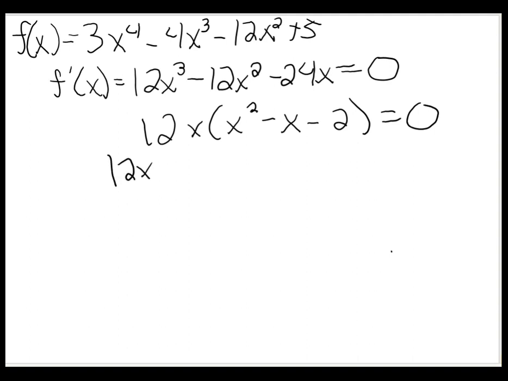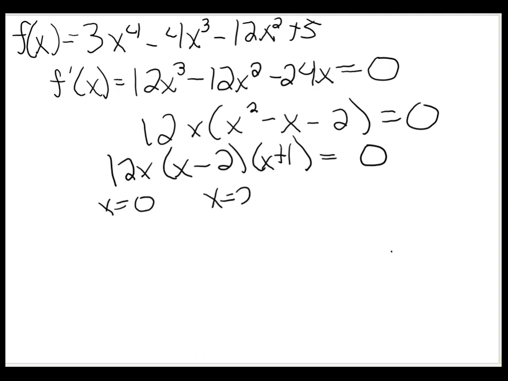Further factoring gives you the x minus 2 and x plus 1. So just by using algebra, this gives our critical numbers x equals 0, x equals 2, and x equals -1 by setting each of those multiplication factors equal to 0.